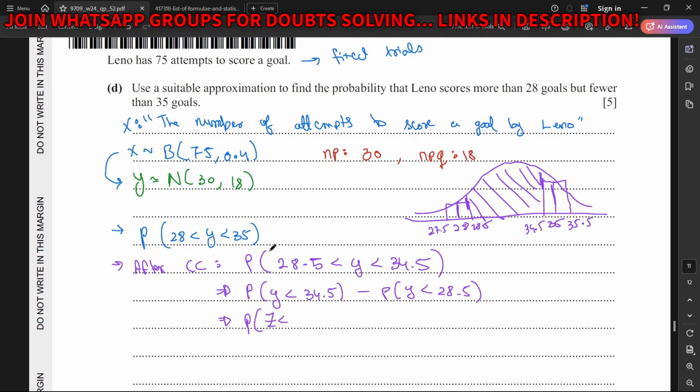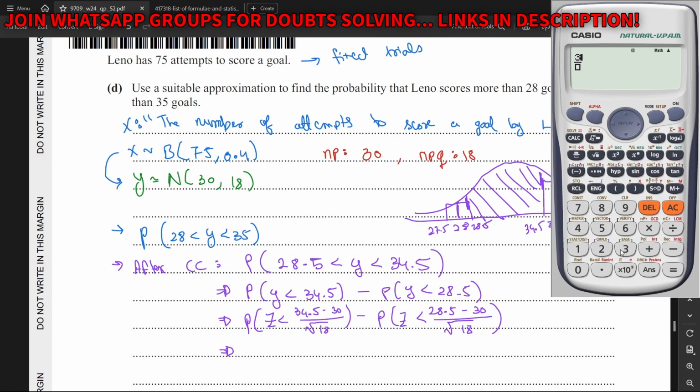34.5 minus 30 divided by square root of 18, minus probability of Z less than 28.5 minus 30 over square root of 18. Then this will give me, let me take out my calci.